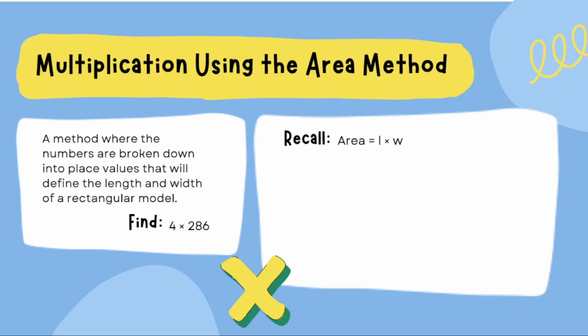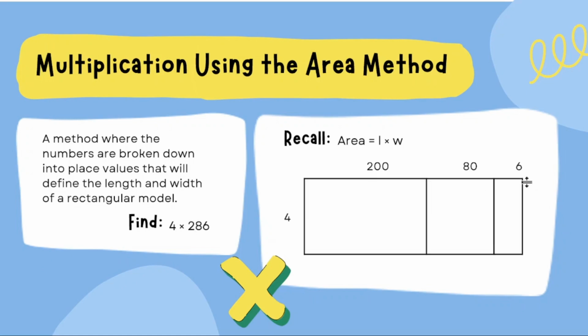So let's see how we can break down 286. We have to break it down into its place values, then multiply by 4. The first 2 there has a value of 200. The value of 8 is 80. The value of 6 is 6.